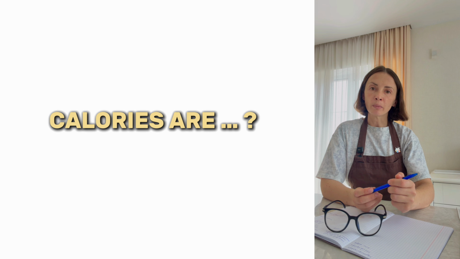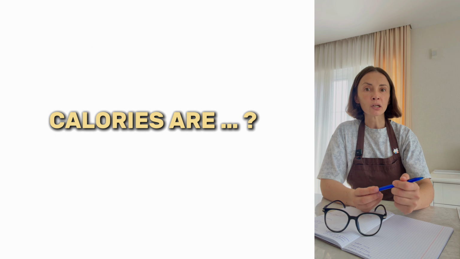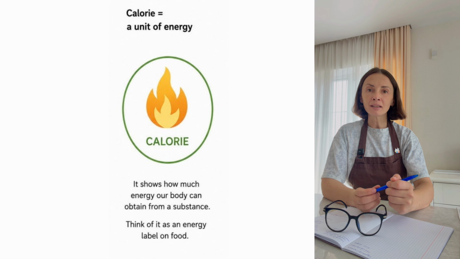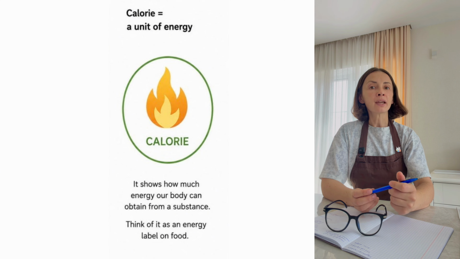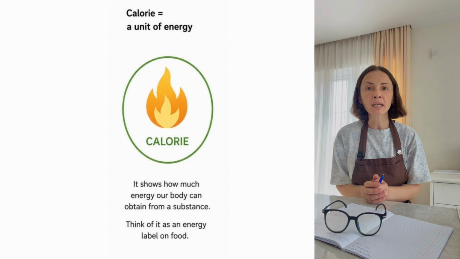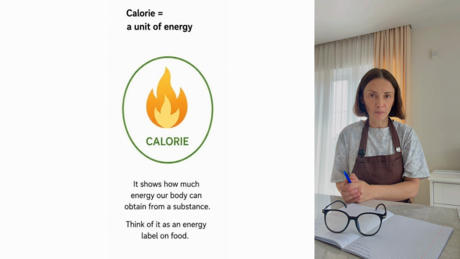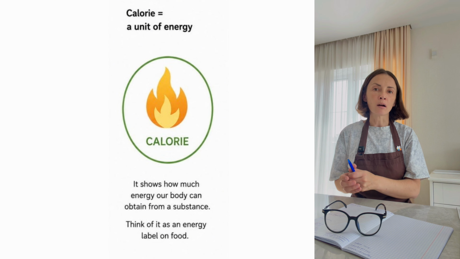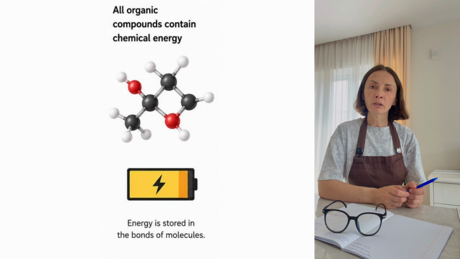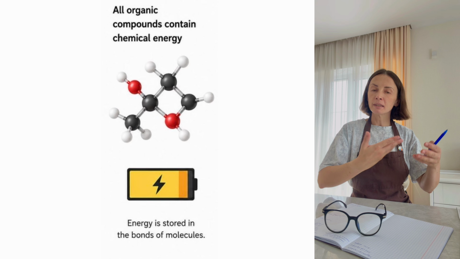First, let's briefly remind ourselves what calories actually are. A calorie is a unit of energy, just as a kilogram is a unit of weight. The calorie content of a food tells us how much energy our body can obtain from a particular substance. Virtually every organic compound contains some amount of chemical energy. When chemical reactions occur in the body, one substance can be converted into another.